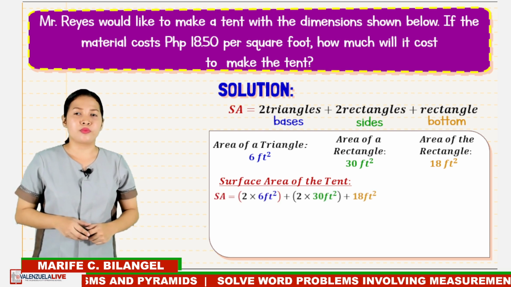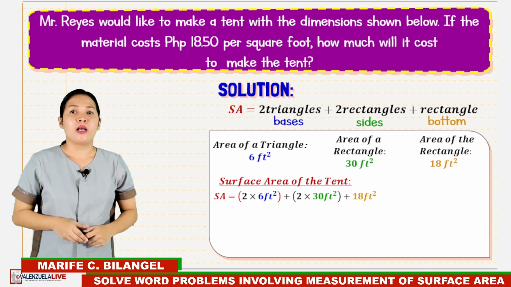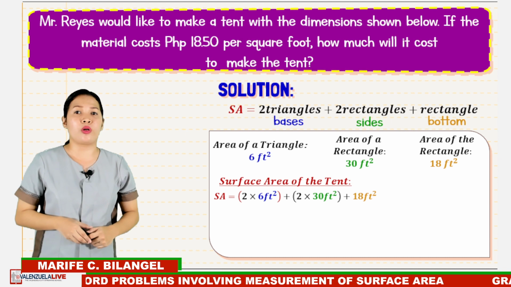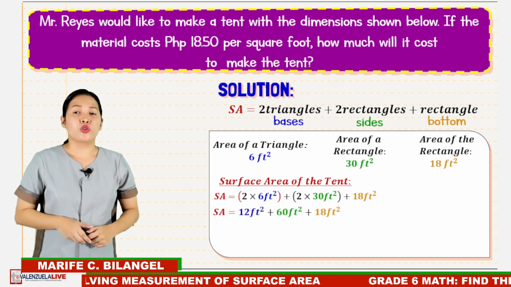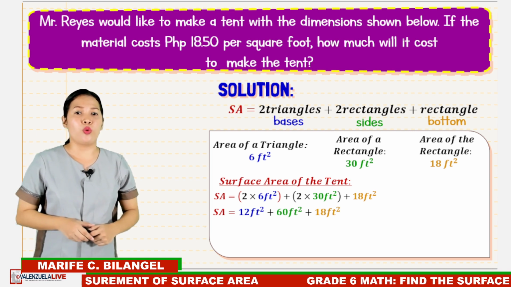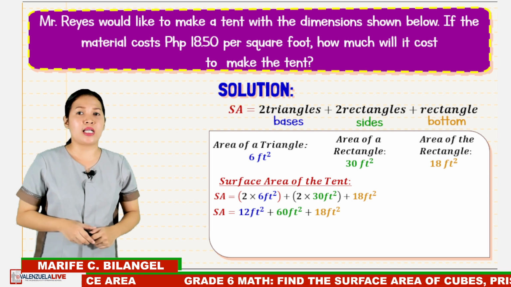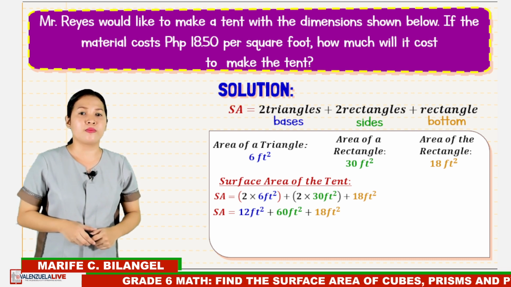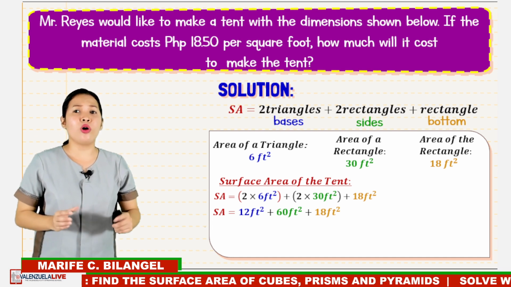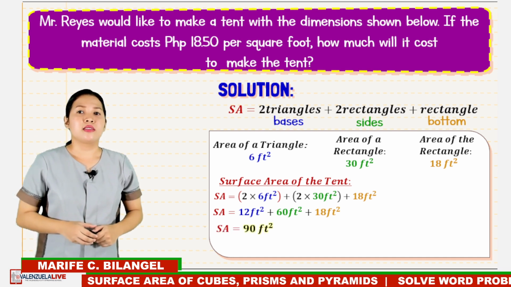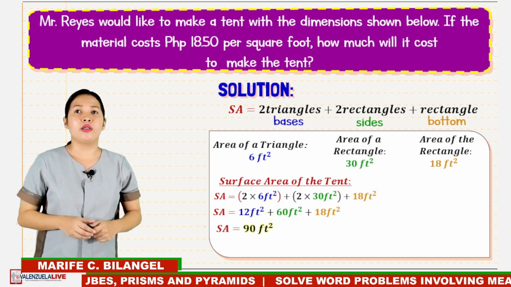We have 2 times 6 square feet plus 2 times 30 square feet plus 18 square feet. So 2 times 6 is equal to 12 square feet, plus 2 times 30, which is equal to 60 square feet. Then we have 18 square feet. Adding all the areas, the surface area of the triangular prism is 90 square feet.